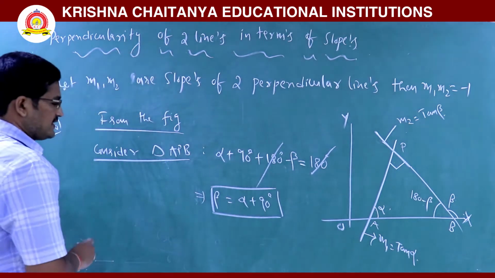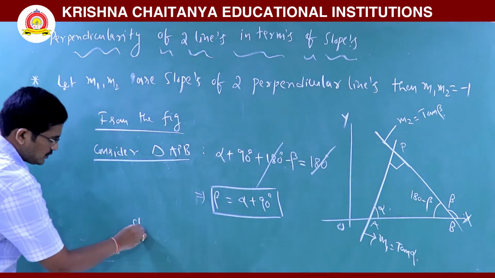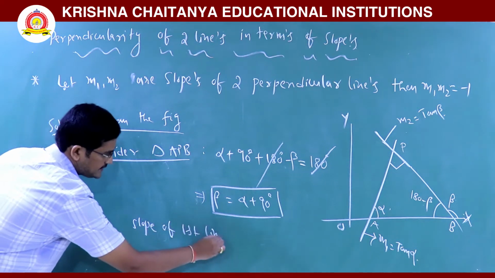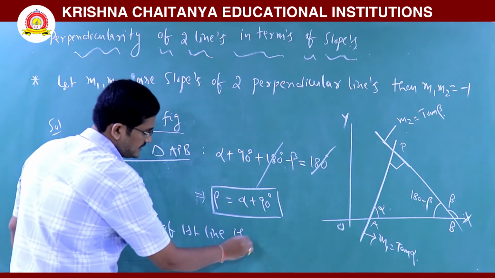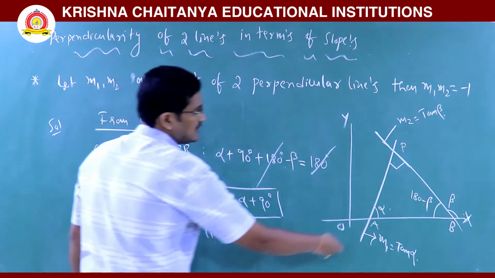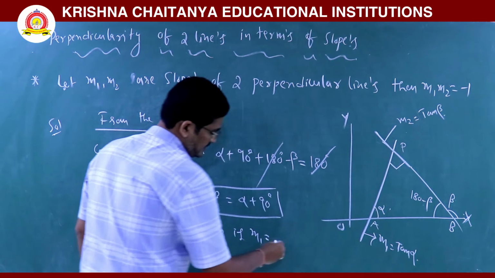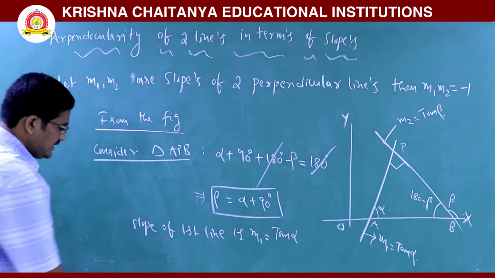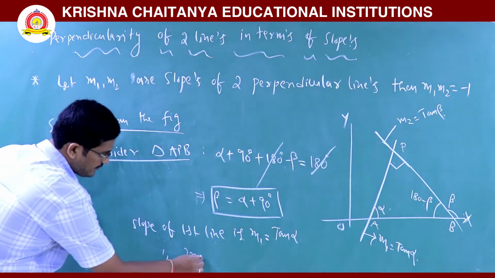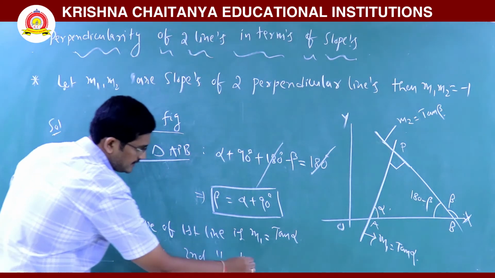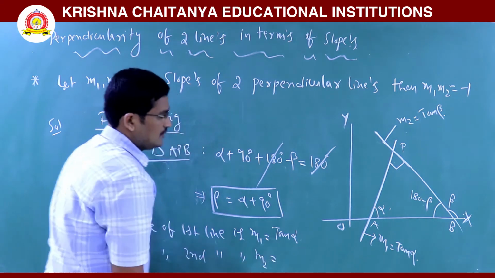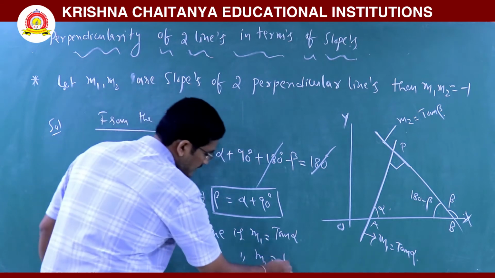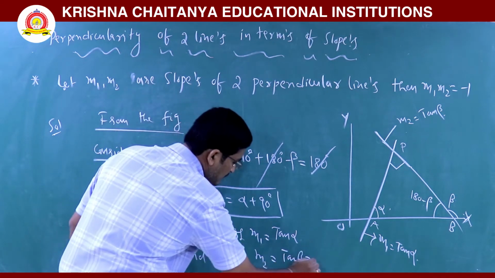The slope of the first line is m1 equal to tan alpha. In the same way, the slope of the second line is m2 equal to tan beta. But what is beta?